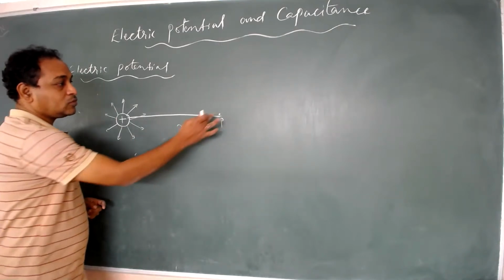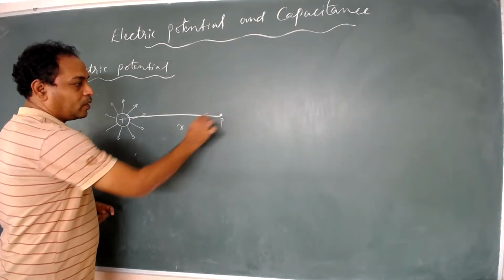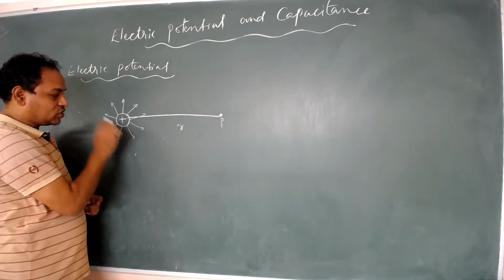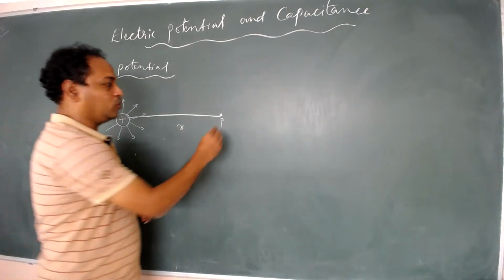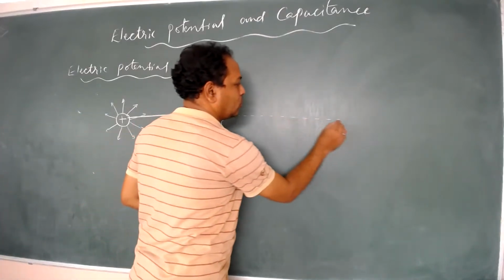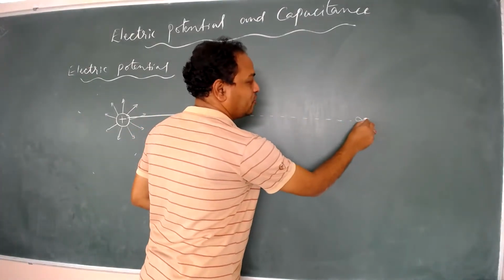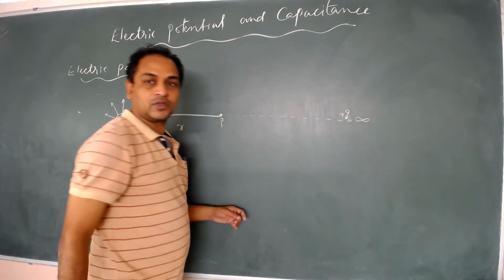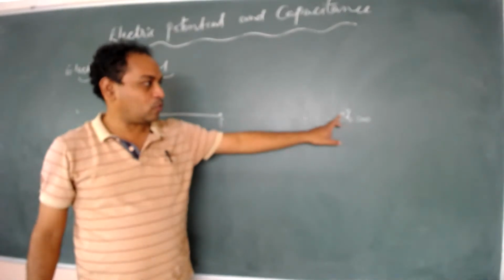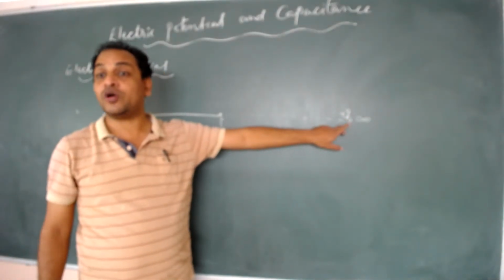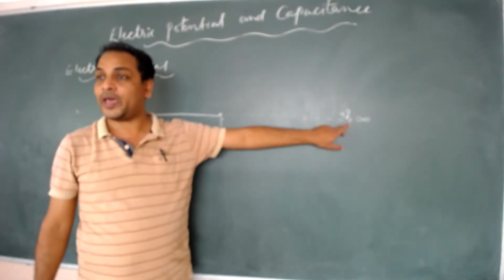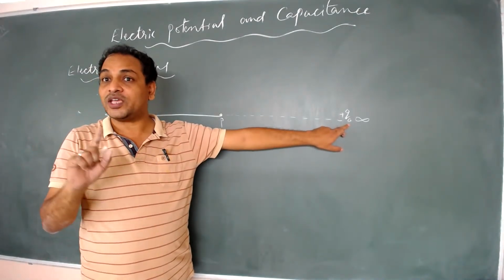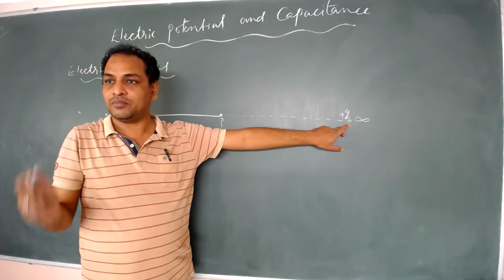To define the electric potential at this point due to this charge, from infinity we have to bring a unit positive test charge, positive Q naught. This is called a unit positive test charge, whose magnitude is 1 unit, and it does not affect any other charge when we place it beside it.